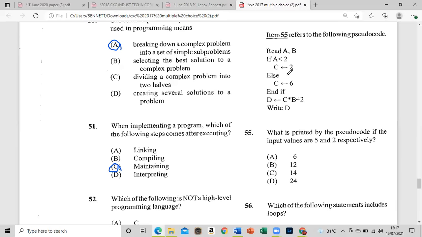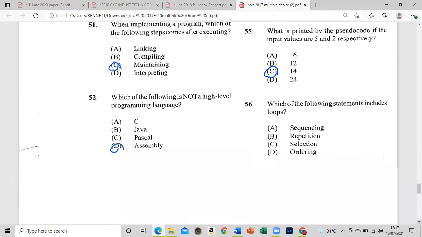There's 6. Input value. Alright, so I'll go with 14. Alright, so that is 14.